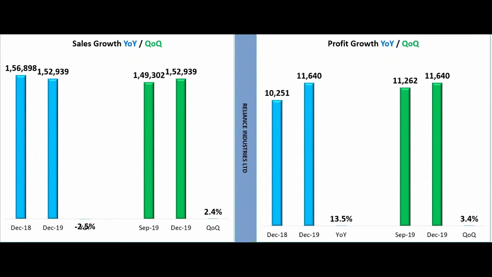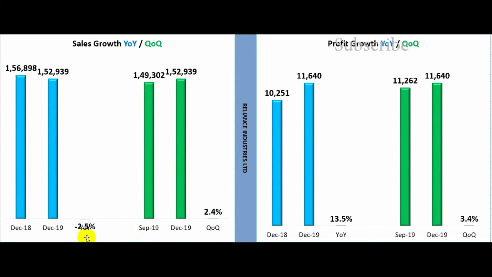Next, let us look at the quarterly analysis. The sales has declined YOY by 2.5% from December 18 to December 19, and quarter on quarter it has increased by 2.4%. So from 1,49,000 crores in the September 19 quarter, it has increased its sales to 1,52,000 crores in December 19.